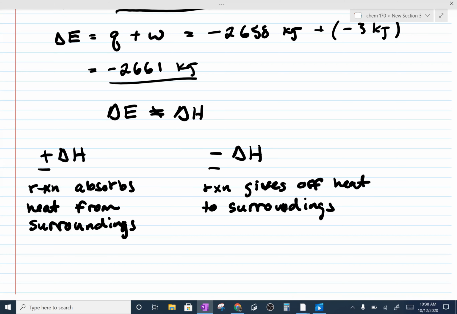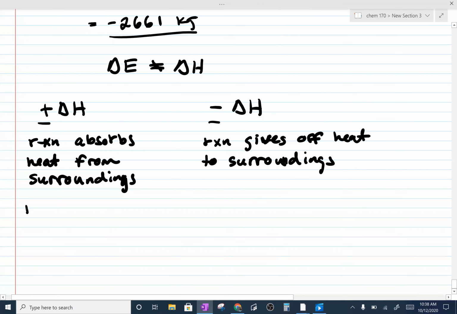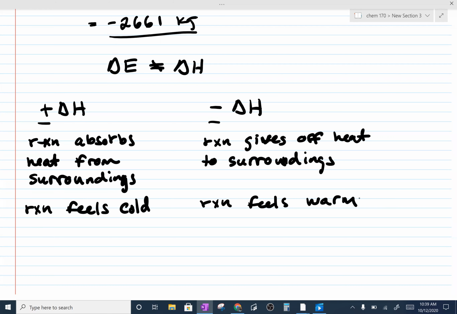In the positive case, the reaction feels cold. Okay. It feels cold because it's taking the heat energy out of your hands and putting it towards the reaction itself. And in the negative case, the reaction feels warm or hot. And that's because it's shedding energy from itself and pumping it out into the surroundings, and your hands that are sensing that heat are part of the surroundings.